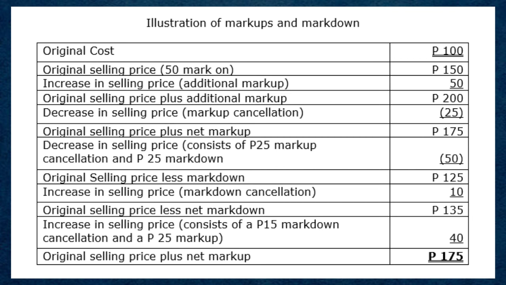Original selling price less net markdown is 135 pesos. Increase in selling price consists of a 15 pesos markdown cancellation and a 25 pesos markup, 40 pesos. Original selling price plus net markup is 175 pesos.